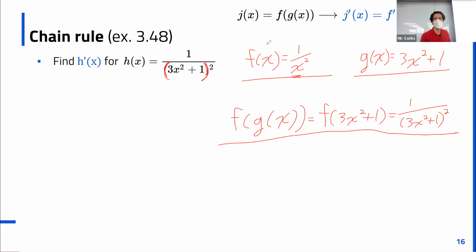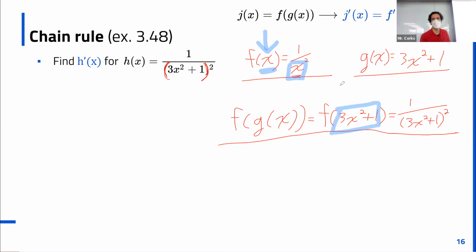Okay, so this function notation, f of x, doesn't mean it must be just x. We can put anything, f of 25, f of z. It doesn't matter. Whatever is inside these brackets, we replace the x with it.